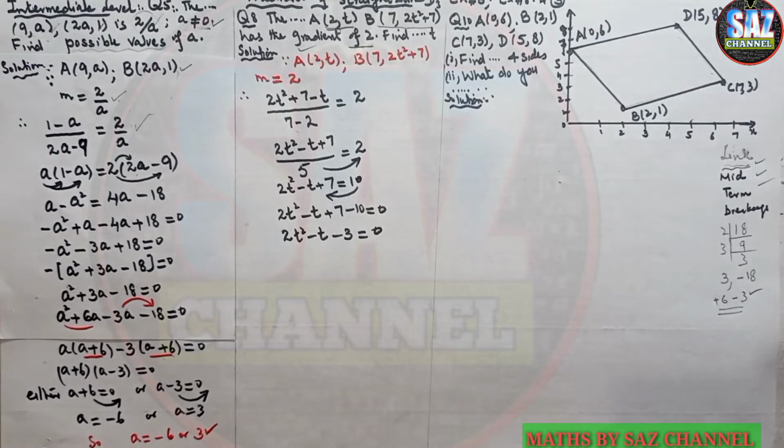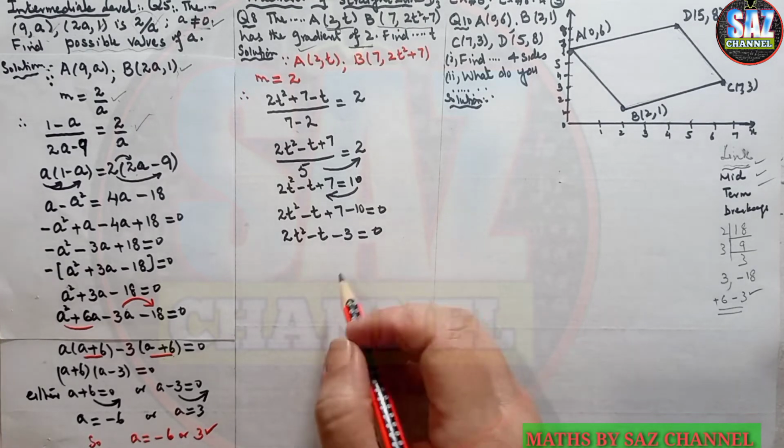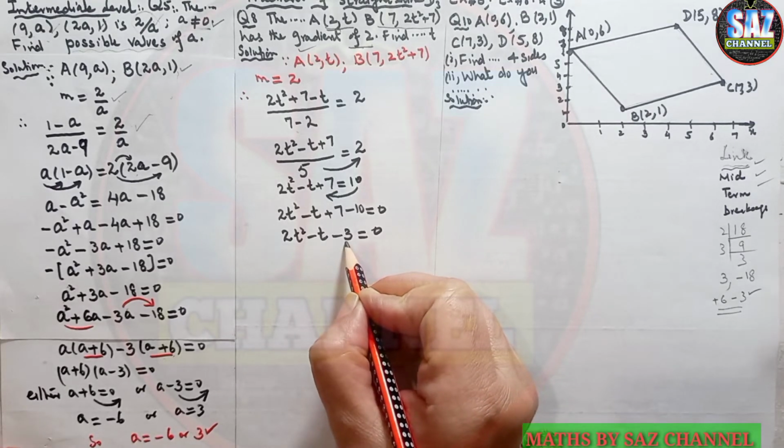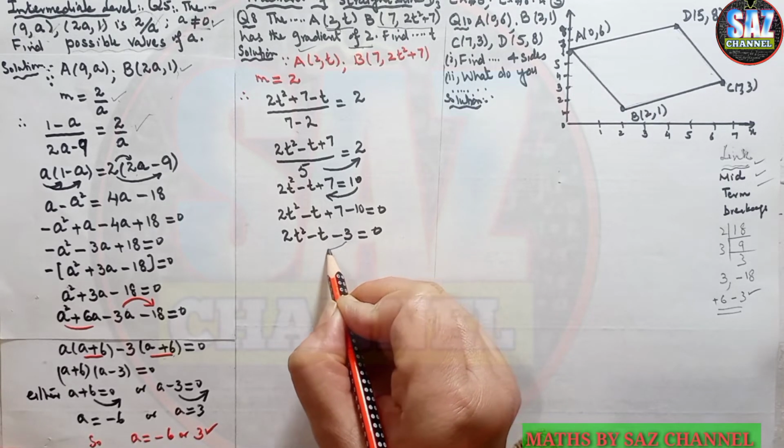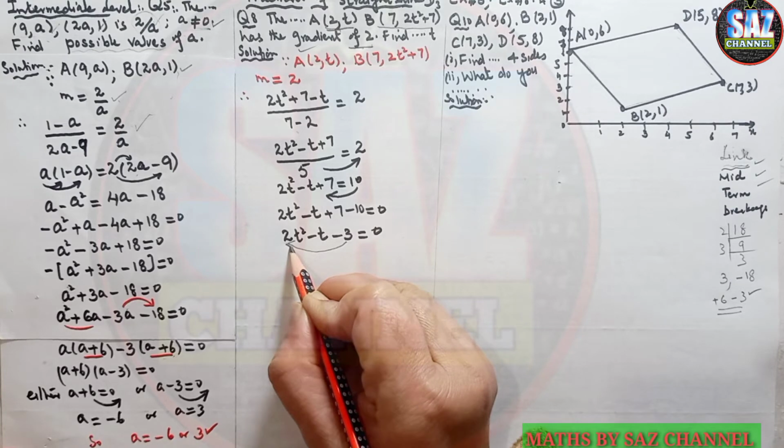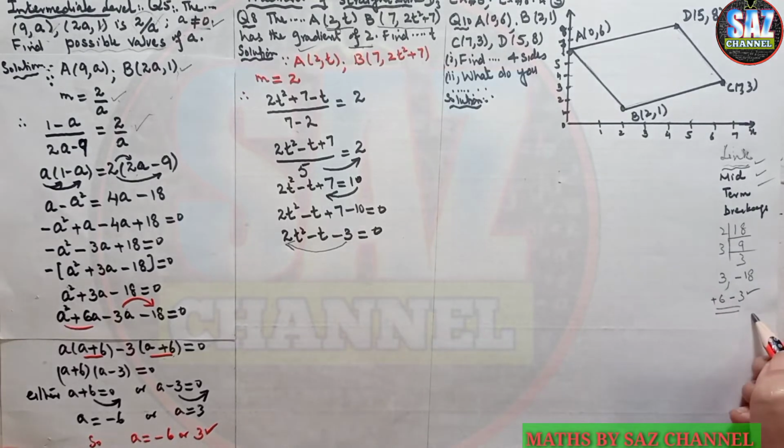Now this is the standard quadratic equation, and now I have to think about the technique by which I can solve this. If I'm trying the midterm breakage method, I have to multiply 2 with 3 and this will give me 6 with minus sign. Now I have to think about the factors of 6 that can give me minus 1 and minus 6 at the same time.